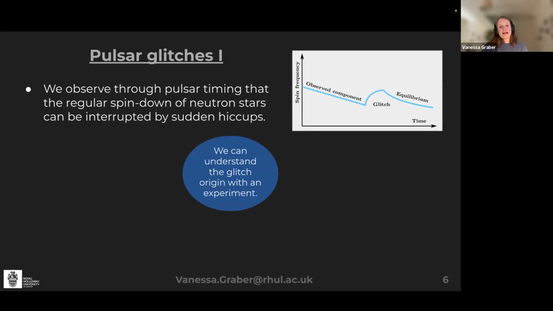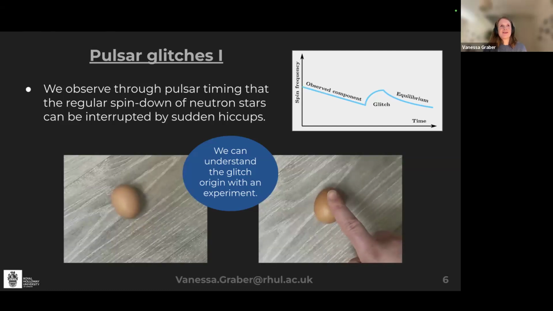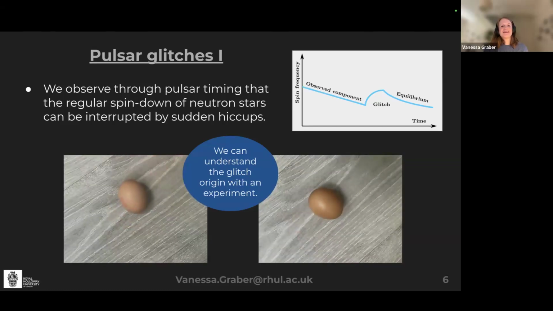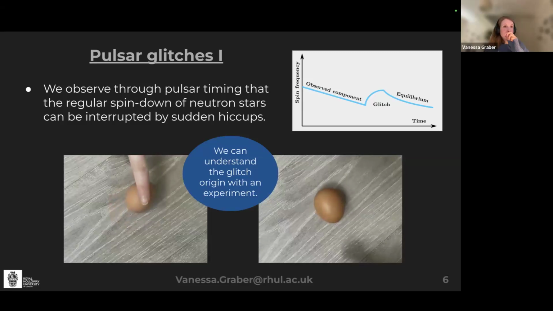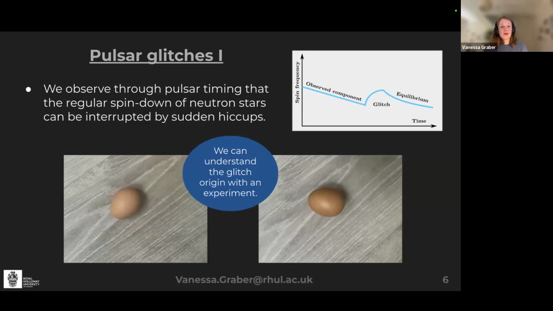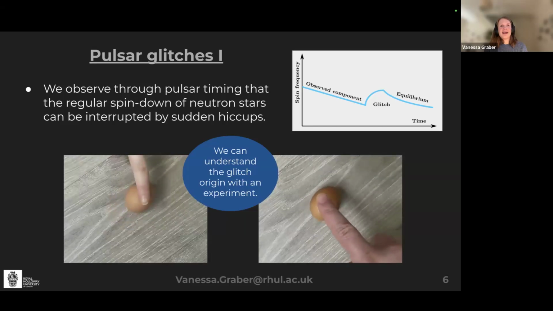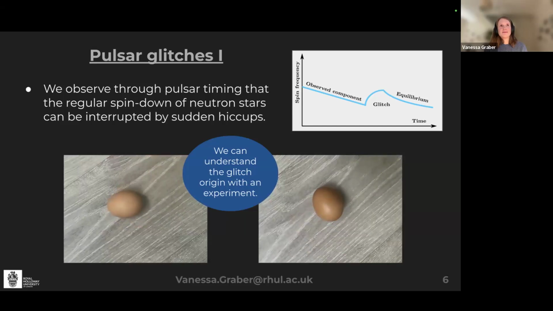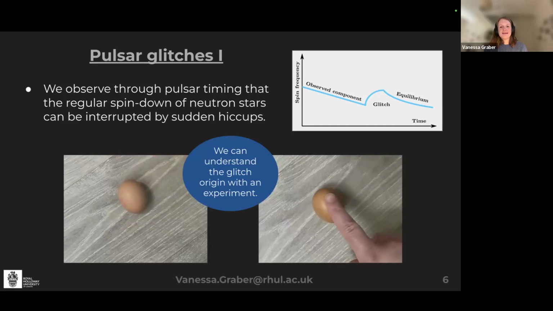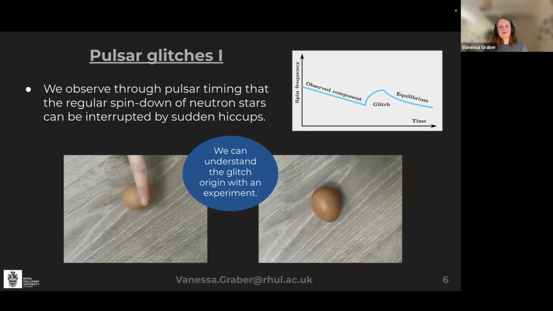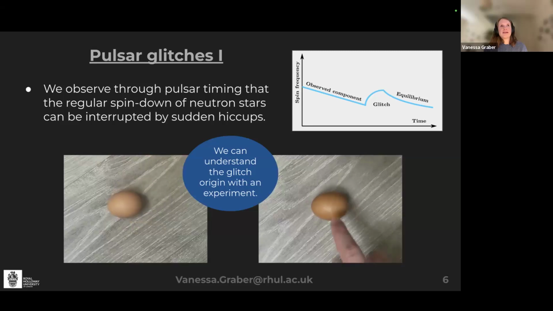But we can really understand what's happening in this process by looking at a little experiment. I like to show you these little videos of 2 eggs that are spun in both scenarios. So you see on the left-hand side, we use a finger to stop the egg and it will stop rotating. While on the right-hand side, the egg, once it's stopped, will continue rotating again.